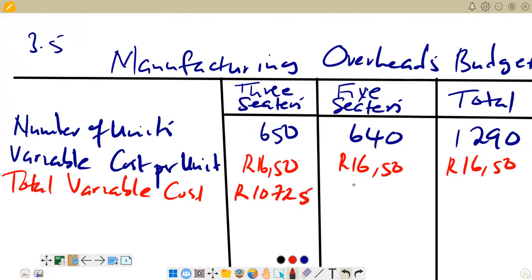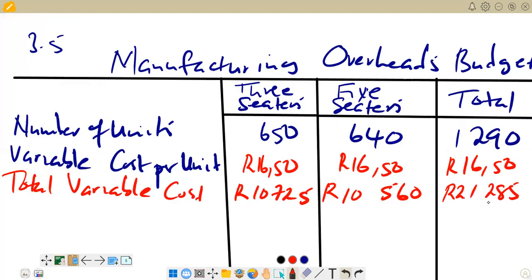We got 5-seaters again, 1650 times 640, then we get 10,560. So this is what we have there. Then with the total now, we add the two, this one plus this one, we are going to get 21,285.